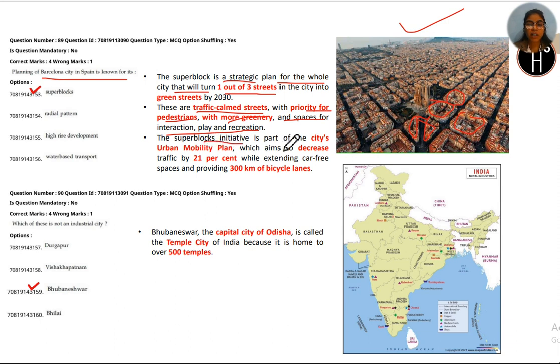The Super Block initiative is a part of the city's urban mobility plan, which aimed to decrease traffic by 21% by implementing the whole city plan in this manner, while extending car-free spaces and providing 300 kilometers of bicycle lanes. So they are promoting more bicycle lanes and pedestrianized movement and eliminating vehicular movement. These were their concepts for the planning of Barcelona city with the help of the super blocks.